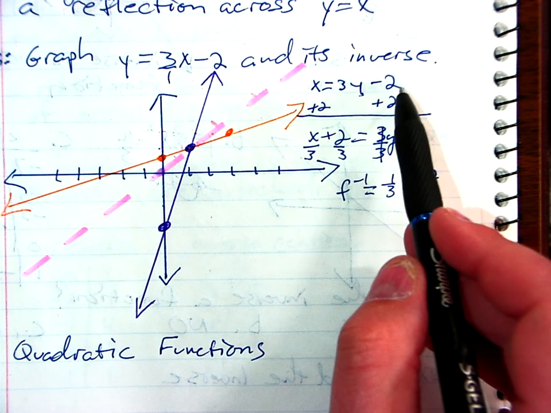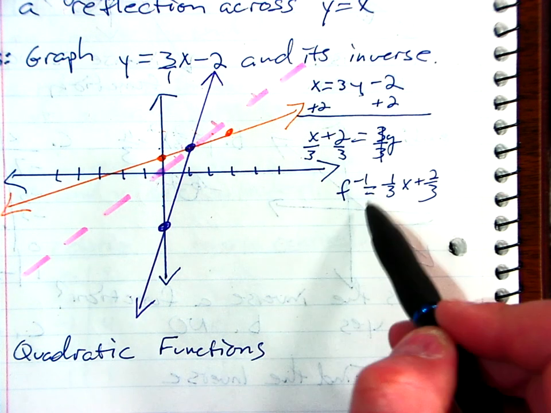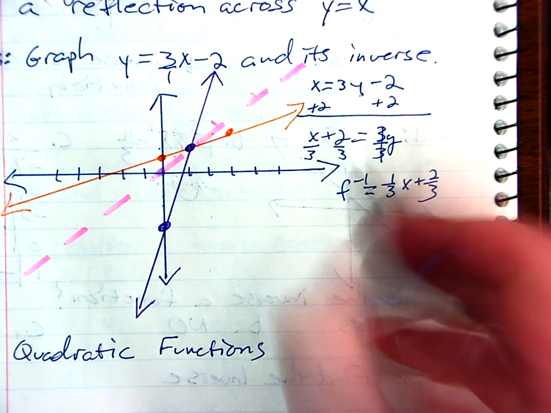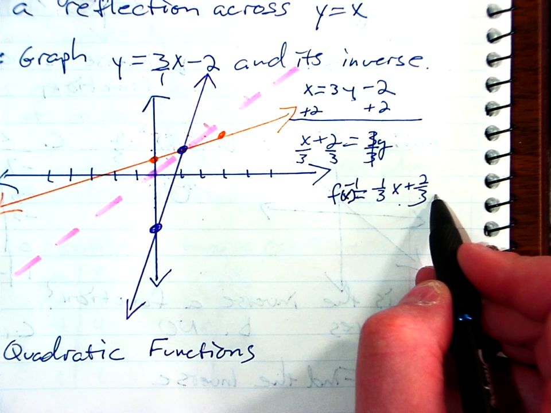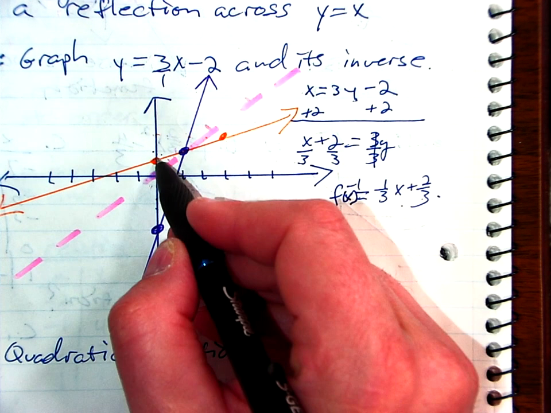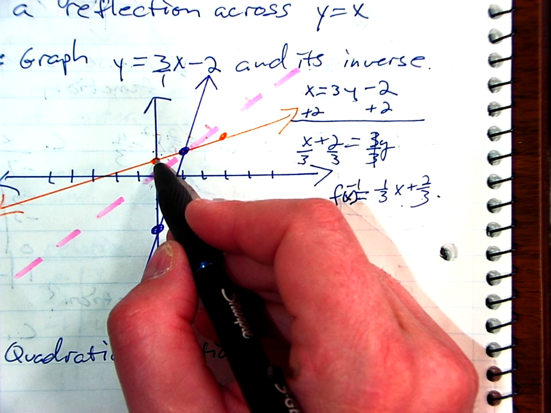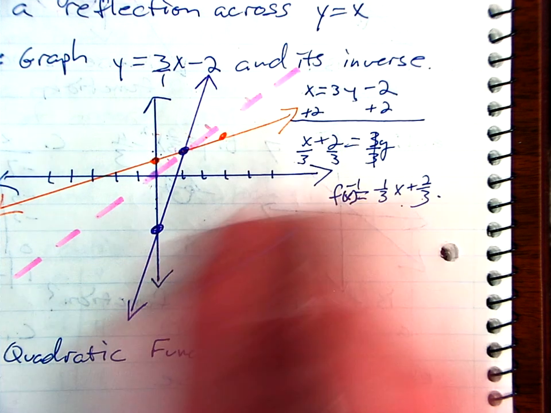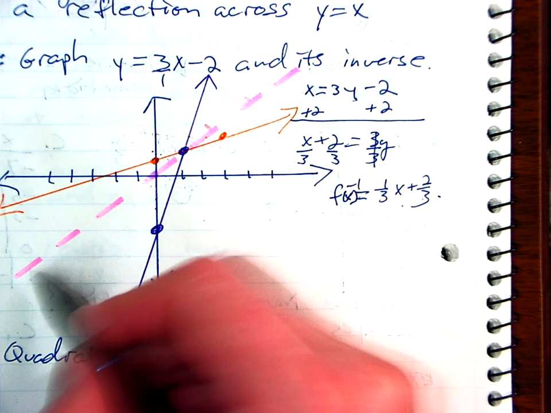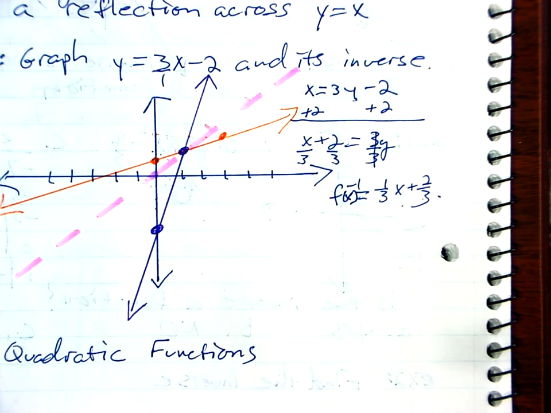So I got rid of the minus 2, and then I divided by 3. So it gave me the inverse of f of x equals 1/3 x plus 2/3. So I went up 2/3, or 67%, up 1 to the right 3, and drew my line. The pink line is just showing you the line that it reflected over, y equals x. Okay.